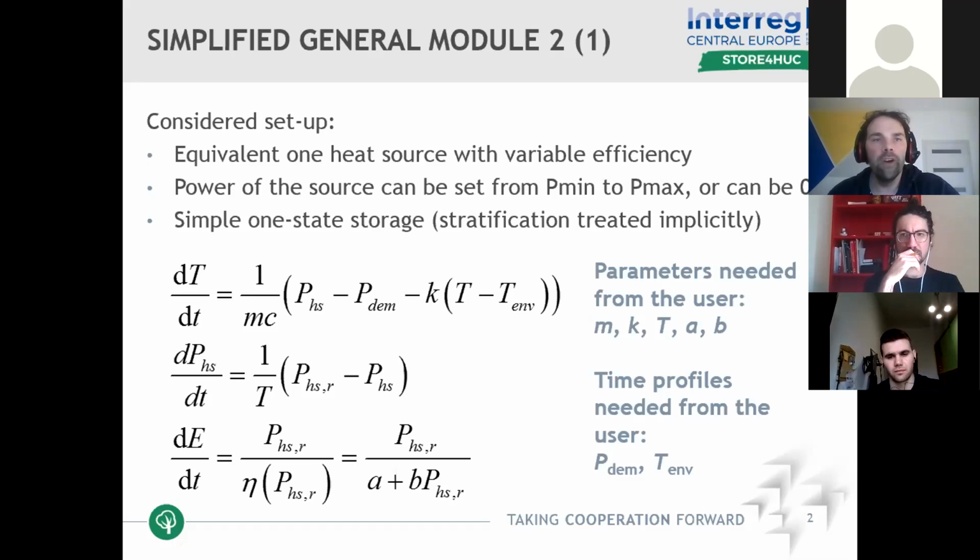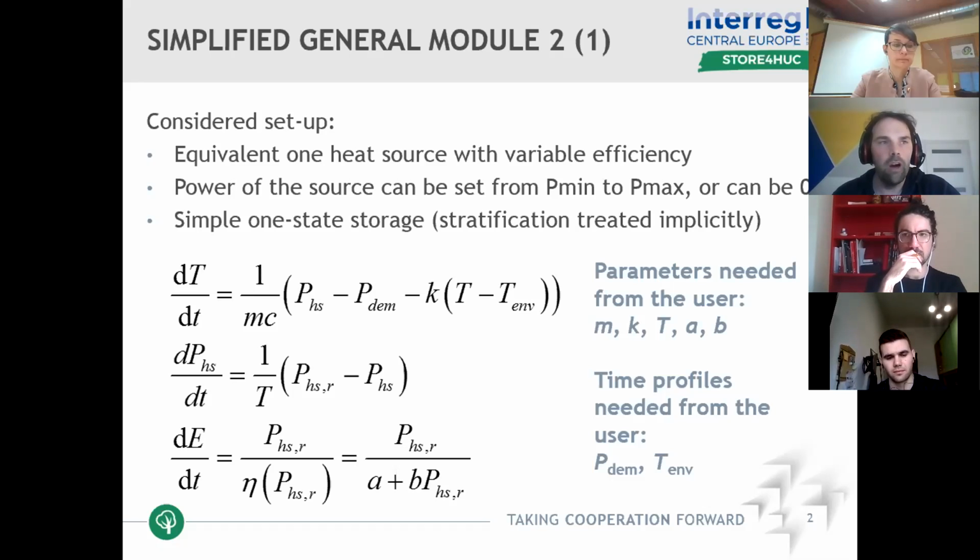And if, for instance, the storage is placed somewhere outside, this is the case also for white, so part of this storage, if I recall, interfaces with the environment, because it's too big to fit in the existing building. In this case, you would also need to know the environment temperature.